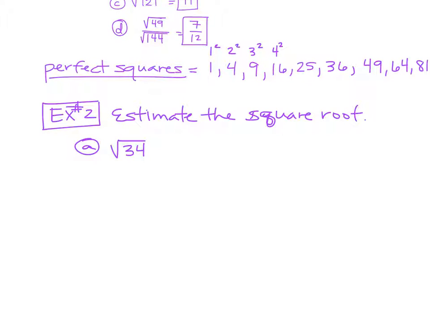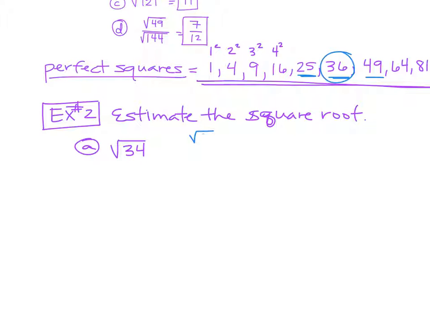Okay, what I'm looking for is, what is this close to? Which number would this be close to? Well, if you look at your perfect squares up here, it's close to which one of those? 36. Okay, so if it's close to 36, the square root of 36 is what? 6. Okay, is it closer to 25 or 49 from there? 25, right? It's between 25 and 36, but it's closest to 36.